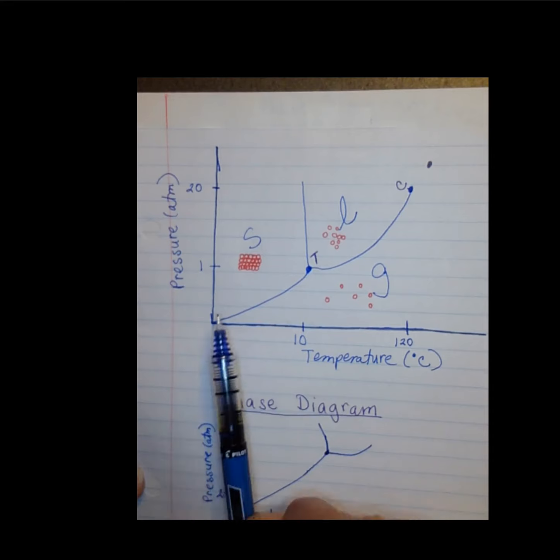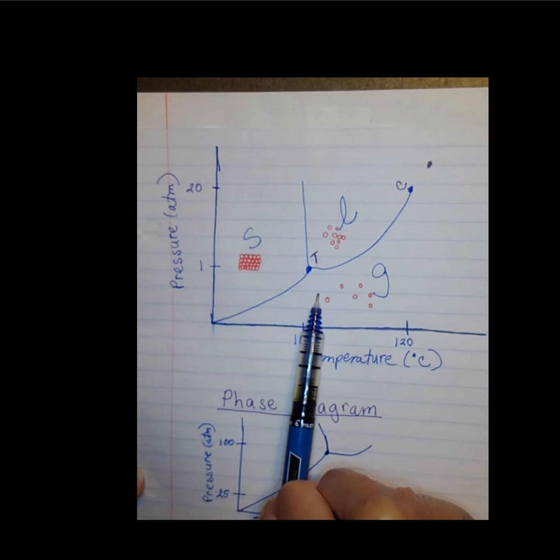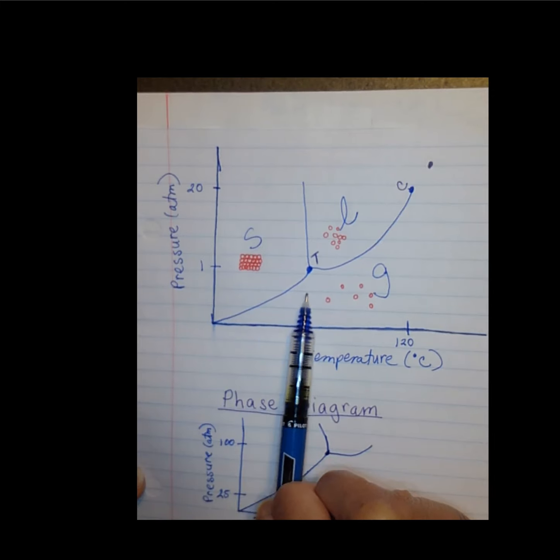Another phase change is going from a solid to gas. An example of that would be dry ice, and we call this sublimation.